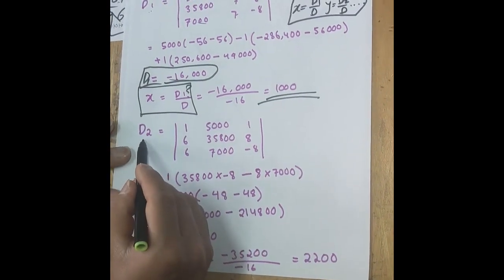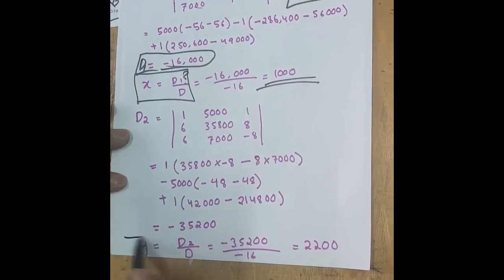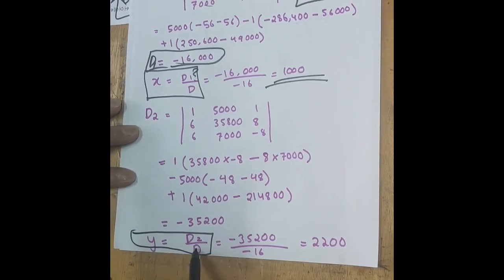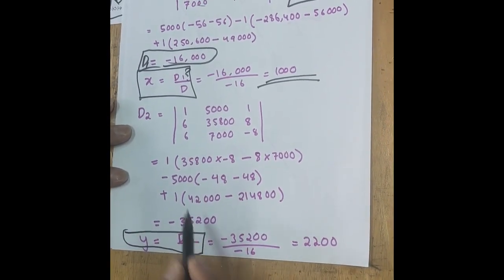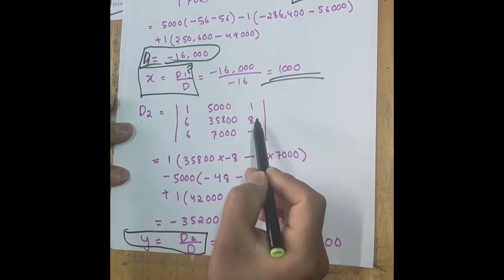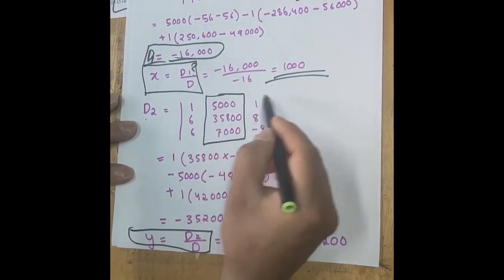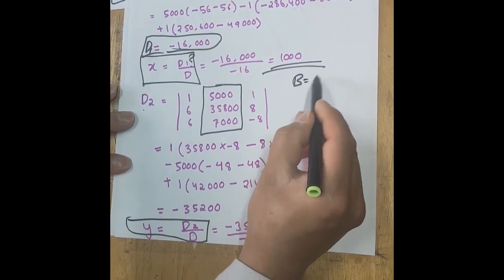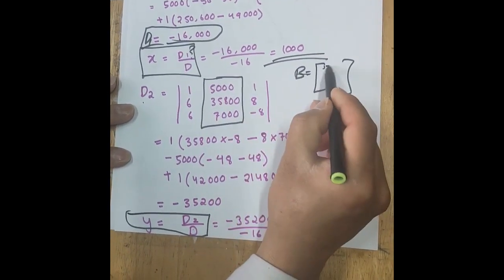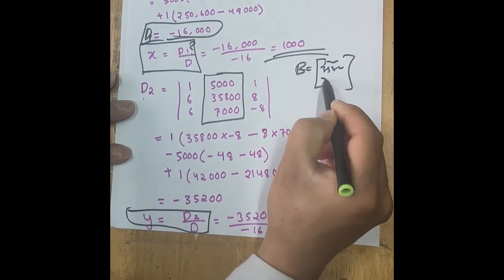Next, how to find the value of y? y is obtained using the formula d2 divided by d. So how do you find d2? d2 is the determinant of the coefficient matrix after replacing the second column of the coefficient matrix A by the constant matrix B. Constant matrix B is 5,000, 35,800 and 7,000.